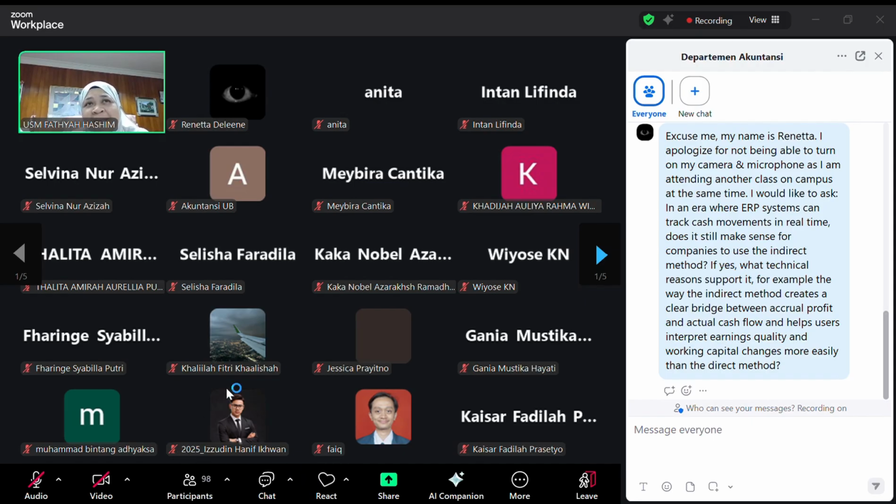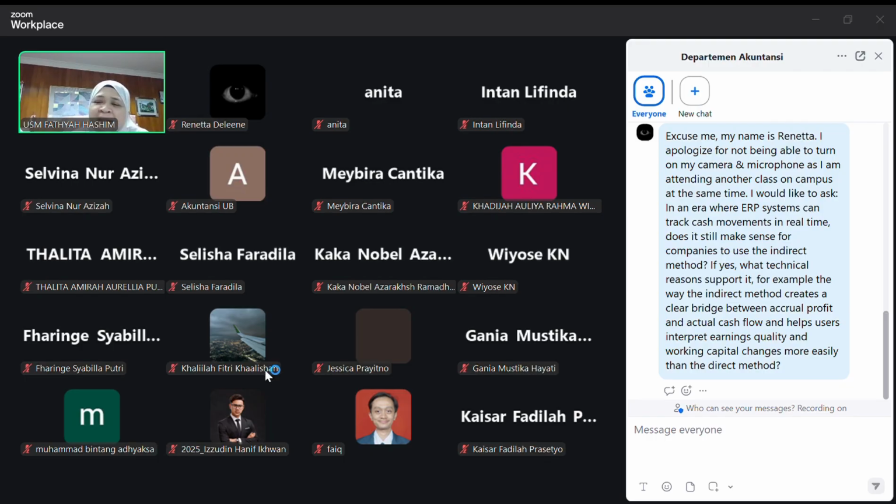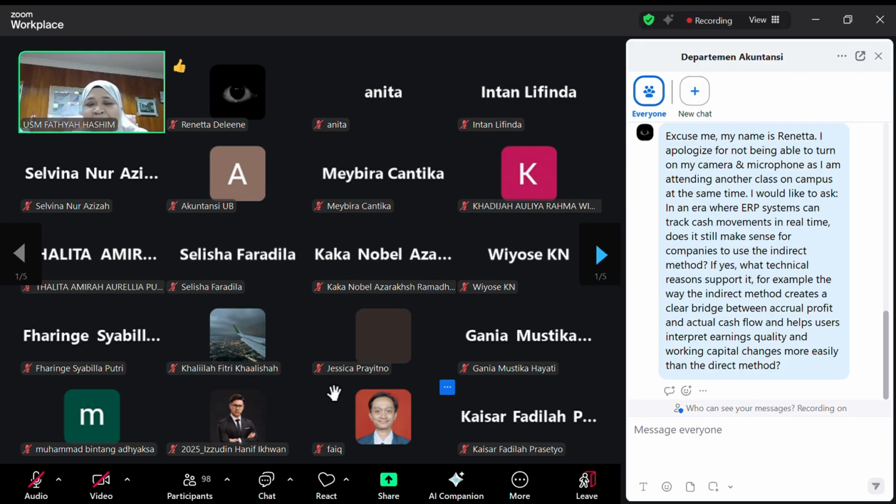The direct one is not required, something like that. Okay, so it depends on your company's preference. That's why you need to know both of the approaches. Perhaps later it will change.